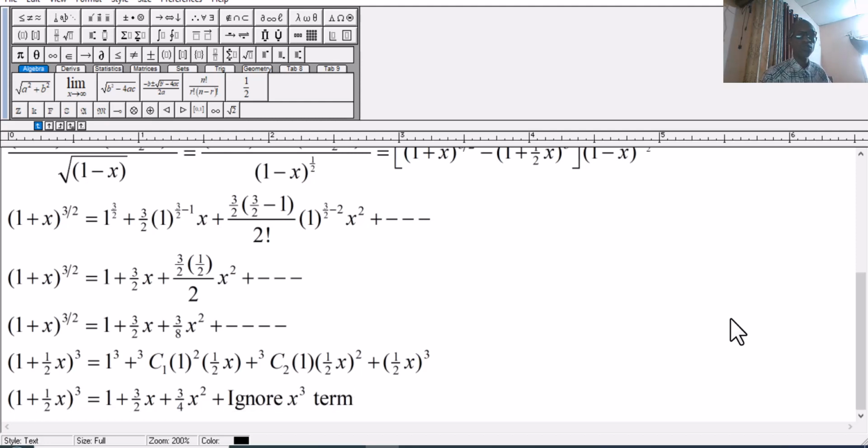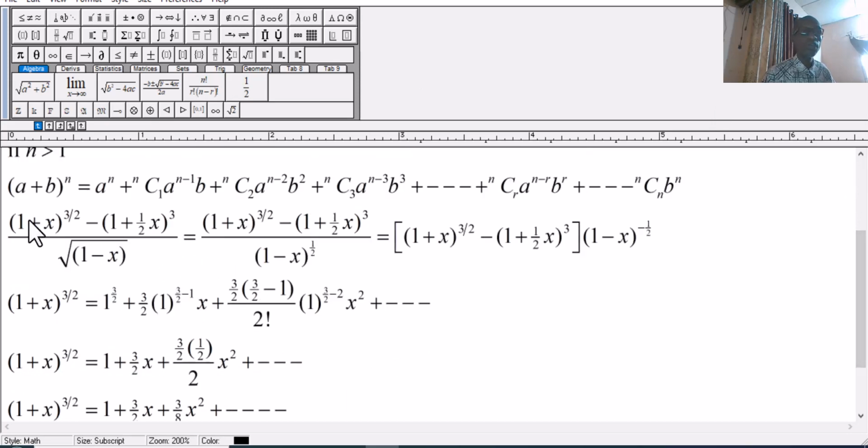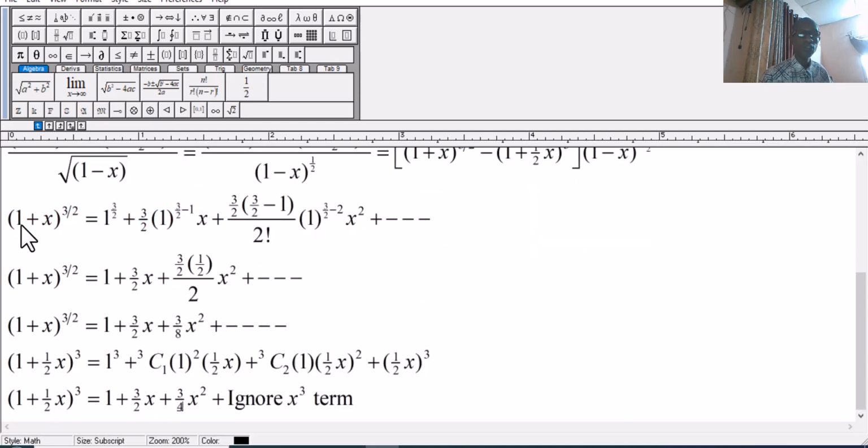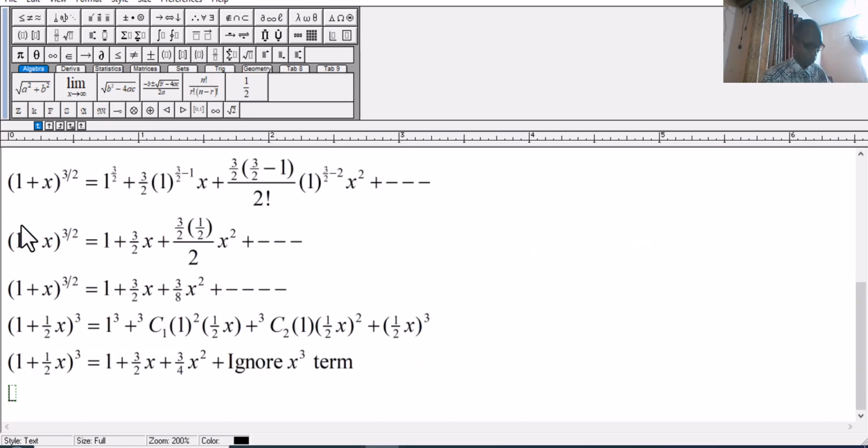So what I'm going to do now is the subtraction. If you look at the question, that's what we have. I'm going to do the subtraction now.